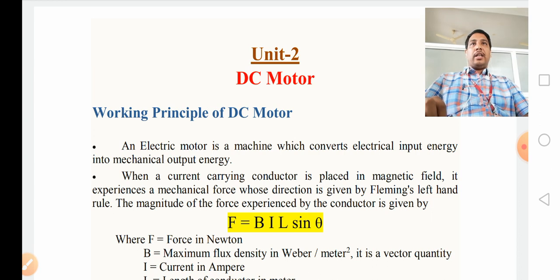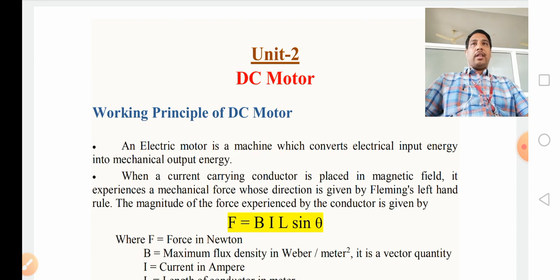Whenever a current carrying conductor is placed in a magnetic field, it experiences a mechanical force. The direction of that force is given by Fleming's left hand rule.